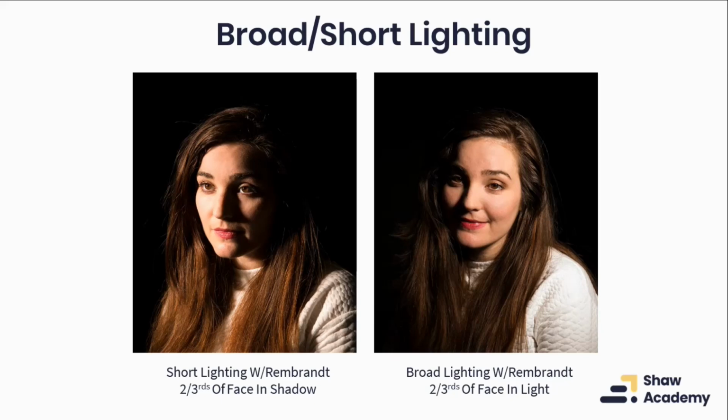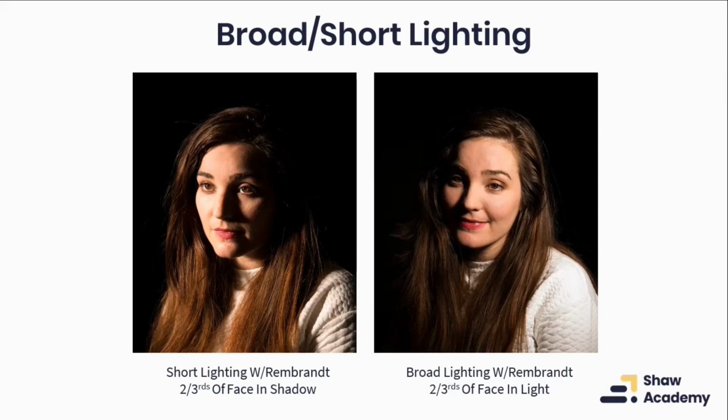Now, this isn't a great example, admittedly, of the shadow version of it, because it still looks like a lot of her face is lit up. But the idea here is that the majority of her face would be in shadow, and this is known as short lighting. Okay, where the second photograph here, the photograph on the right, the majority of her face is lit up. This is known as broad lighting.